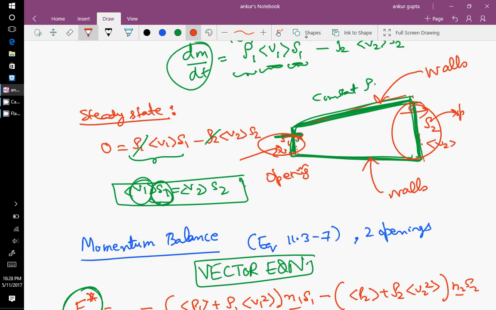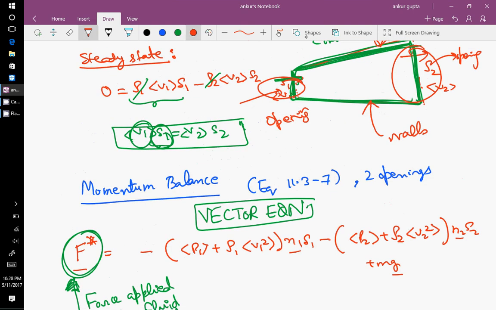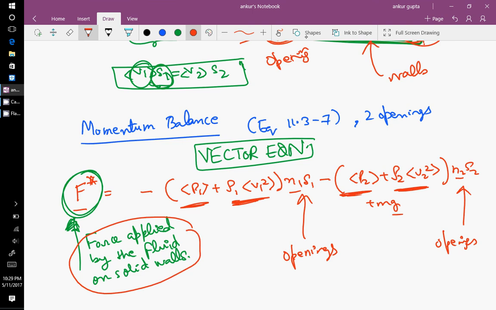Okay. So the way macroscopic balances are derived is by understanding the pressure and velocity variations at the openings. So S1 and S2 are openings. By understanding the pressure and velocity variations at the openings, we can calculate the force applied by the fluids on the solid walls. Why is that interesting for us?